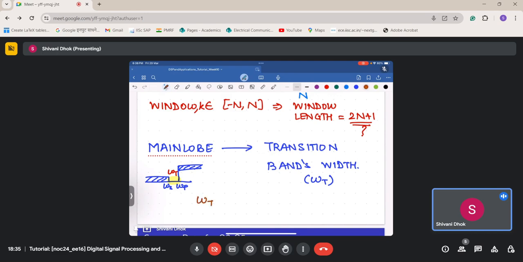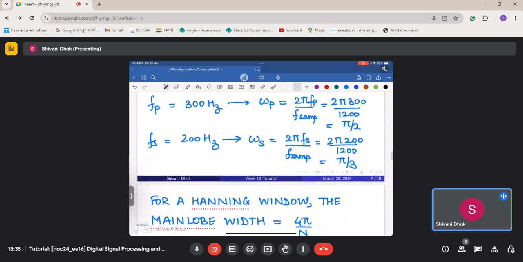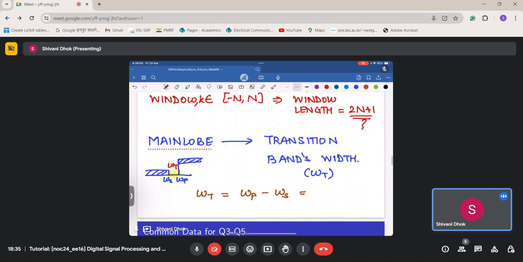This omega t is the difference between the passband edge and the stopband edge, that is omega p minus omega s. Now omega p we had obtained as pi by 2 and omega s as pi by 3. So this will be equal to pi by 2 minus pi by 3, and this comes out as pi by 6.